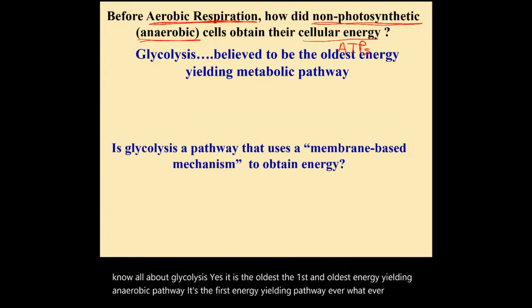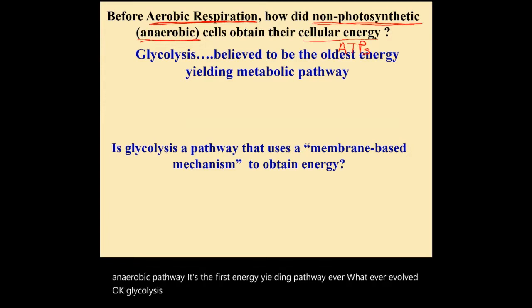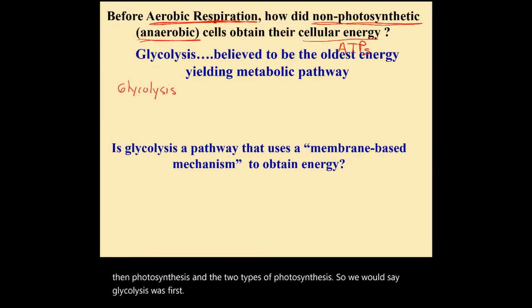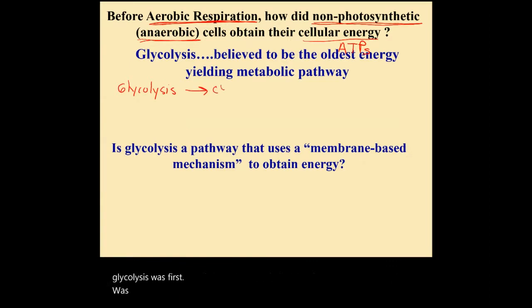Okay? Glycolysis came first, then photosynthesis. Correct? So glycolysis first, then photosynthesis. And there are two types of photosynthesis, so we would say glycolysis was first. And then we had what's called cyclic photophosphorylation.